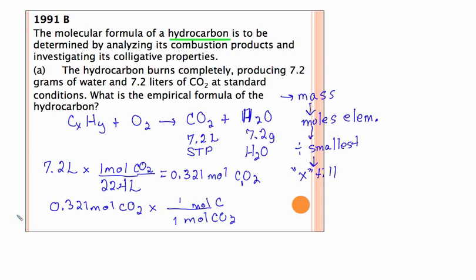Now let's deal with the water. I have 7.2 grams of water. And when I do these, I like to use my mass to mass within ratio. We don't have to in this case because I don't really need mass of my elements. I'm really after moles of my elements. So I'm going to get to moles of water, and mass to moles, use molar mass.